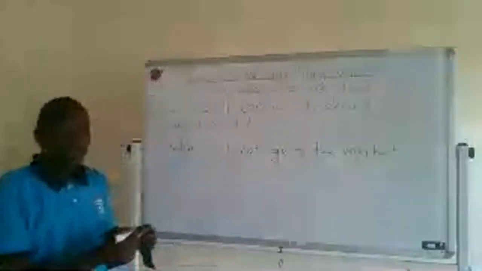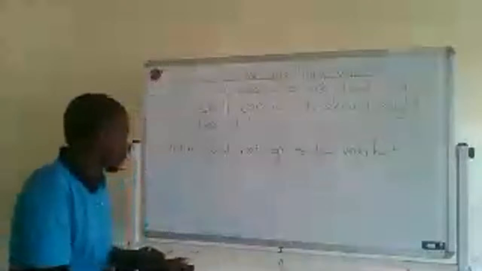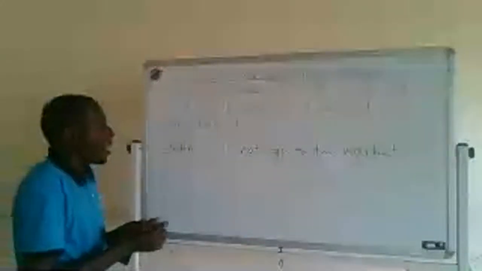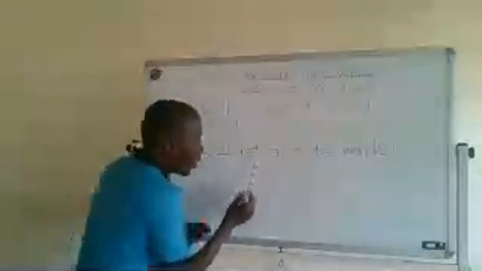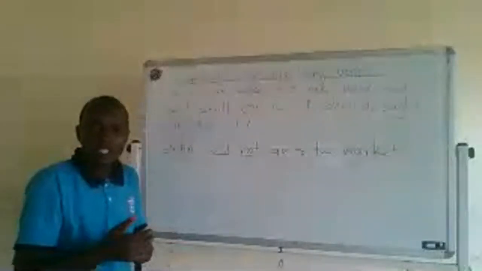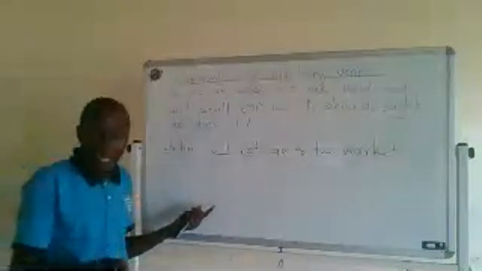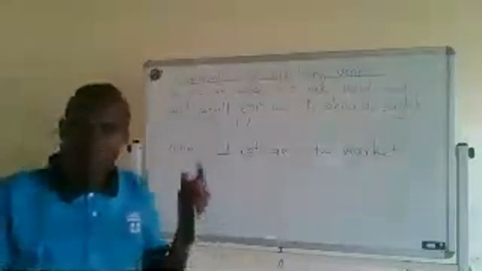Now, when we look at this one, we have John as a noun. We have "will not," which implies that the statement is in a negative.